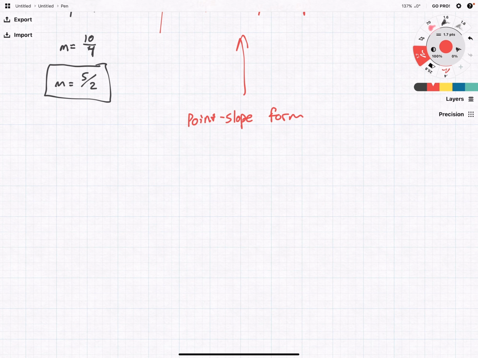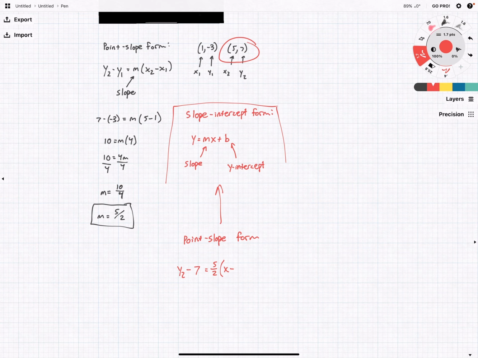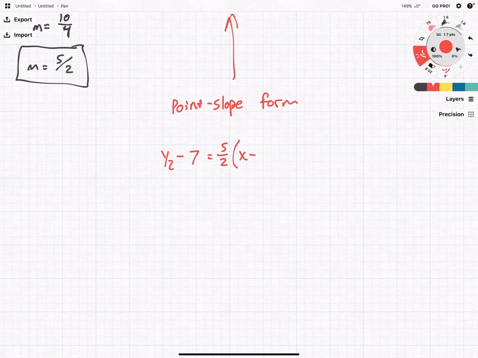Let's go ahead and have y, some arbitrary y, minus 7, because that's our y1. y minus 7 equals m, our slope, that is 5 halves, times some arbitrary x minus, well, our x1 is 5, because our point is (5, 7). So x minus 5.